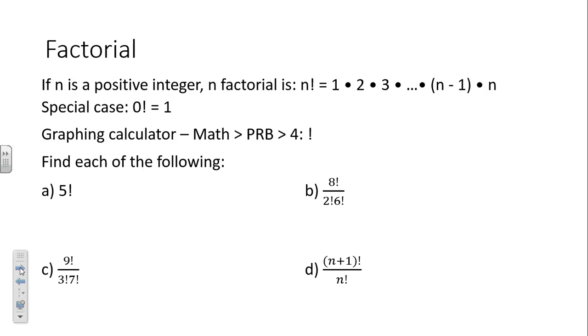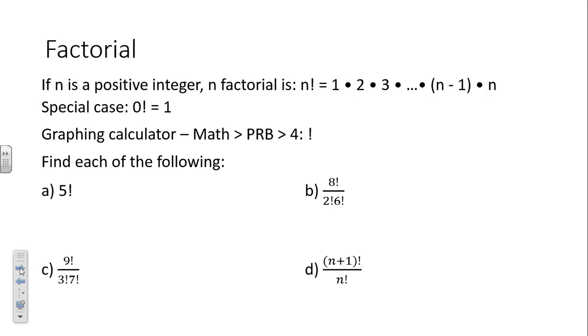So let's take 5 times 4 times 3 times 2 times 1. If you have a graphing calculator and you want to know how to do it, I saw some of you pulling out your calculator, figuring it out already. You type a 5, and then you choose the math button. You arrow over to probability, and then you either press 4 or arrow down to 4 and press enter.